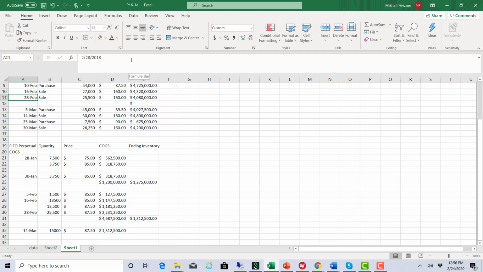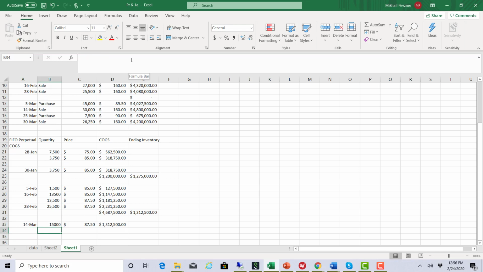Then we need another 15,000, which will come out of this purchase here. I'm going to keep track now: 45,000 minus 15,000, so 30,000 left in this layer.